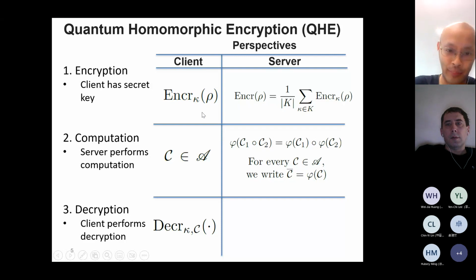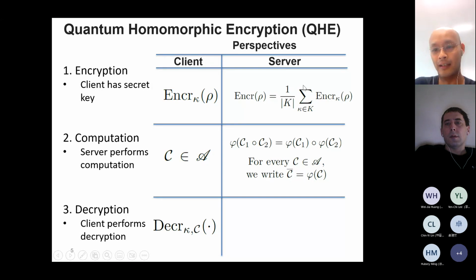This encryption map is just a quantum channel, labeled by the index kappa, the key. The client is not going to tell the server what the key is. Let's say that the set of your keys is capital K, which is a finite set. The server would assume that you're picking your keys uniformly at random.